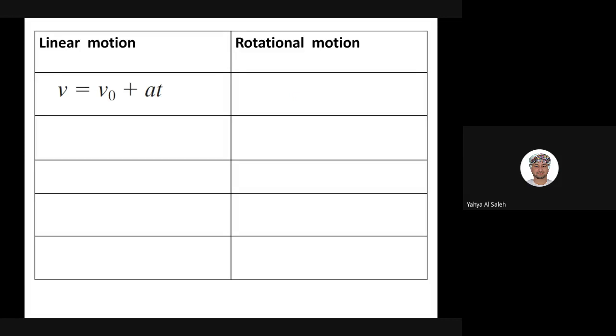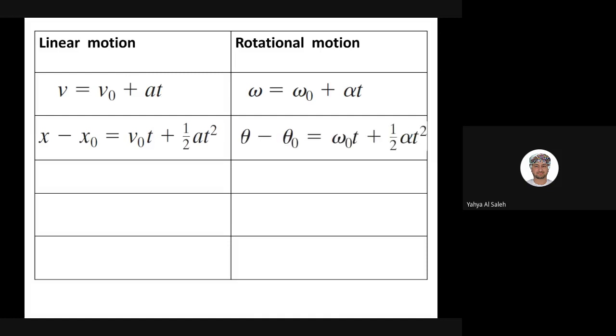Let's do some translation. For linear motion, we had V equals U plus AT or V naught plus AT. Translated to rotational motion, what do we get? Omega equals omega naught plus alpha T. Same equation, just different letters. They even look the same. S equals UT plus half AT squared becomes delta theta equals omega naught T plus half alpha T squared.